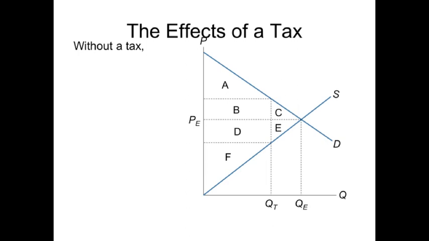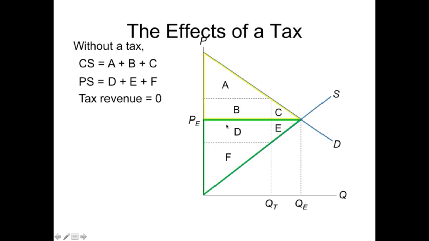Okay, I hope you remember from our earlier lesson that typically consumer surplus is the area above the price but below the demand curve. So it would be the triangle up here and include areas A, B, and C. What about producer surplus? Well, that's the area above the supply curve but below the price, D, E, F.